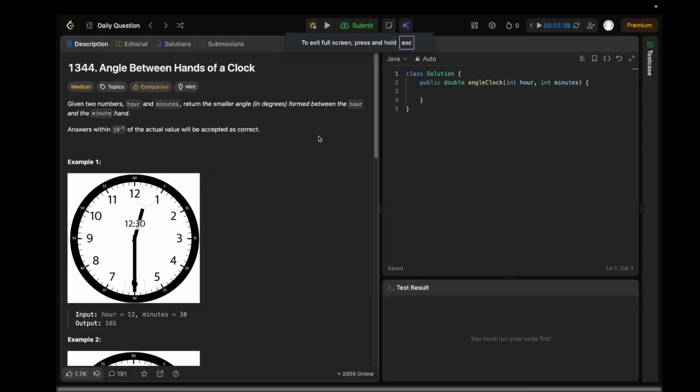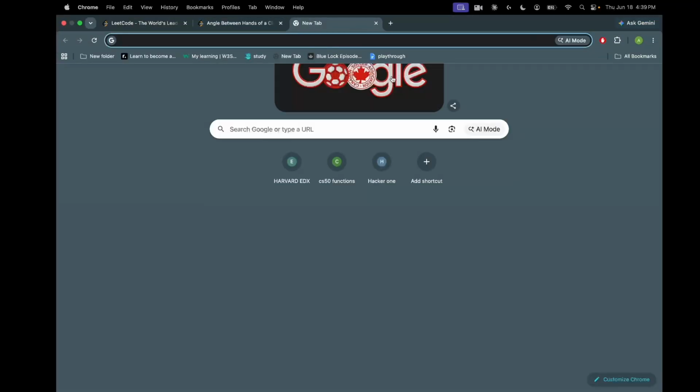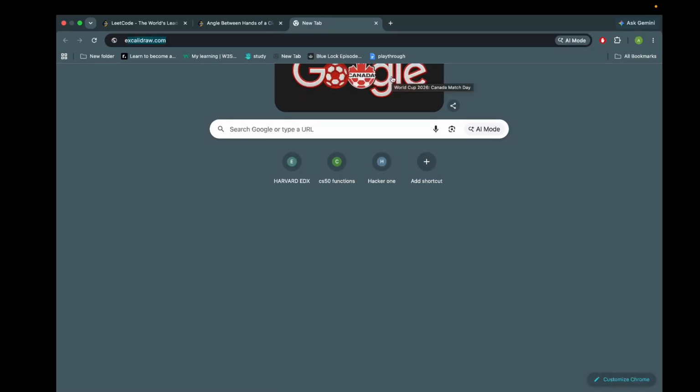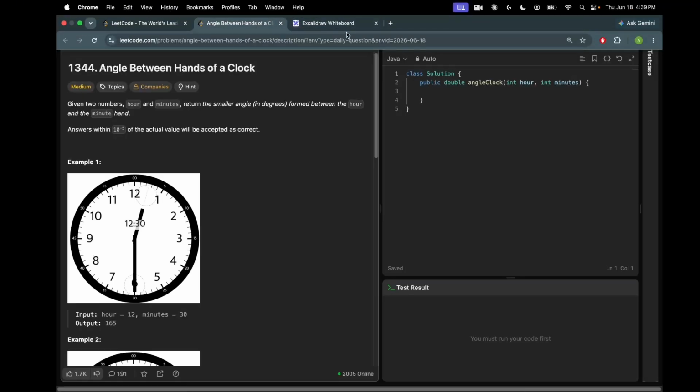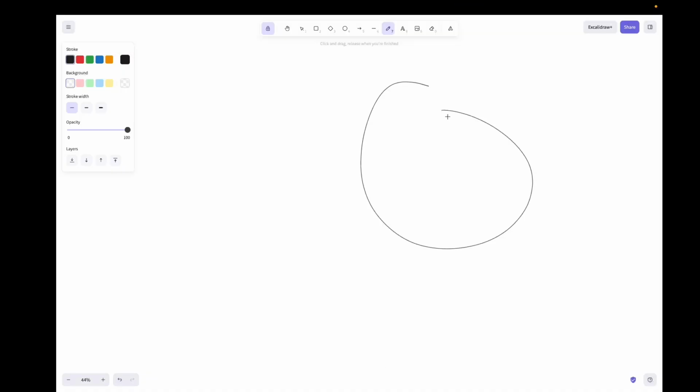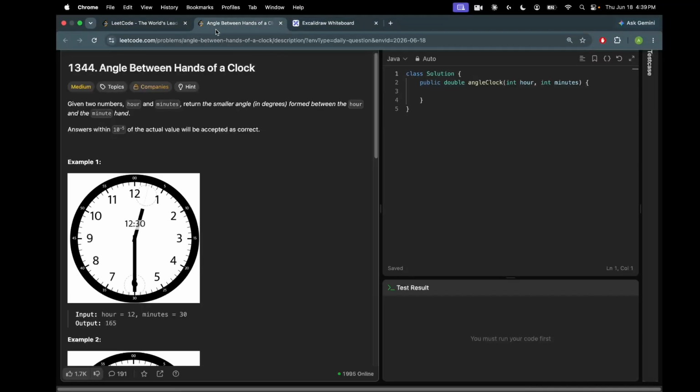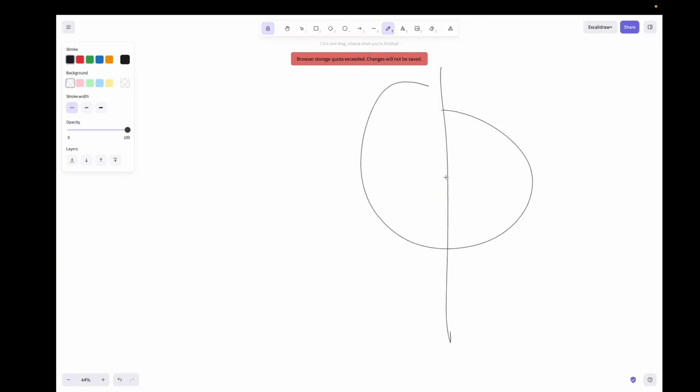Angle between hands of a clock. You're given two numbers, hours and minutes. Return the smaller angle formed between the hour and the minute hand. Let's think of a clock as a circle, and then we have our middle point, an hour hand and a minute hand.